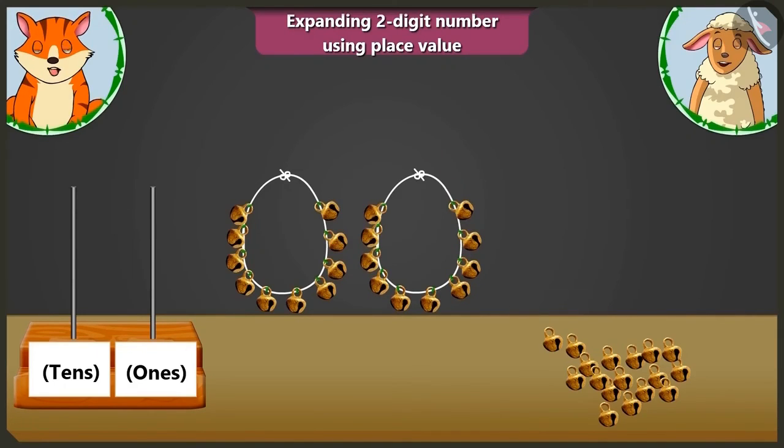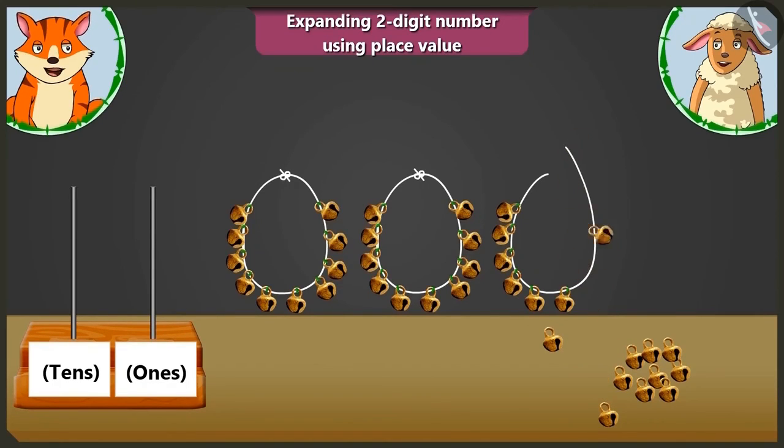Here I made the second group of 10. Again 1, 2, 3, 4, 5, 6, 7, 8, 9 and 10. Here I made a third group of 10.